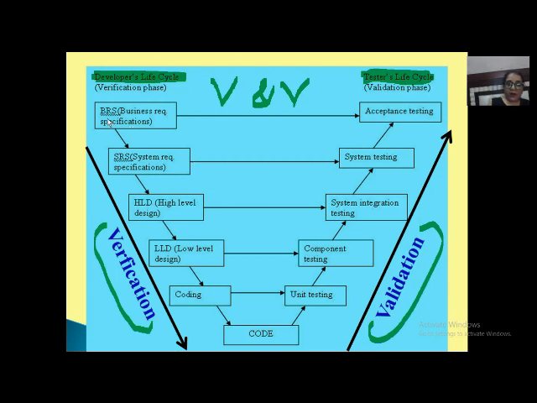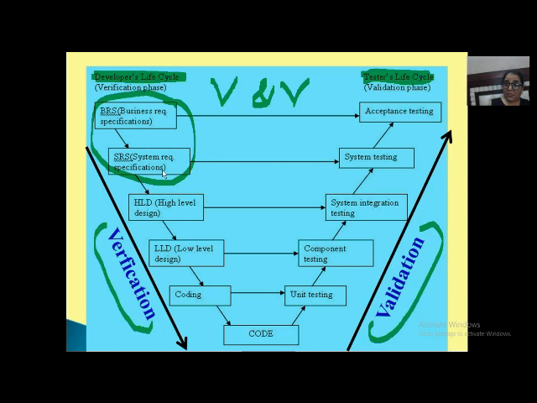Number 1, here the business requirement specifications and the system requirement specifications are both mentioned. Basically they both cover your requirements phase. At the developer's side, the business requirement specification and system requirement specifications are completely made ready.